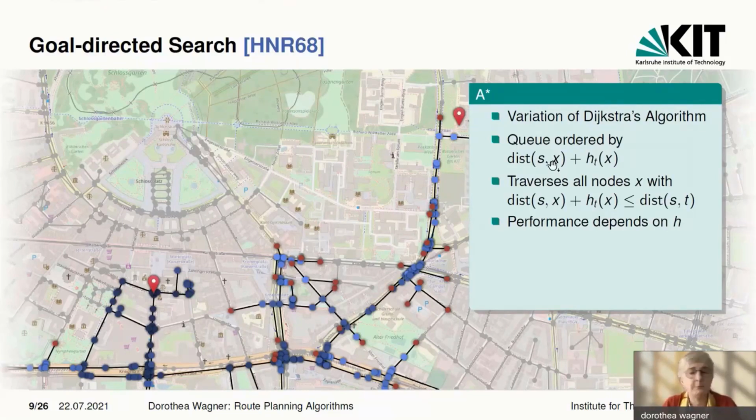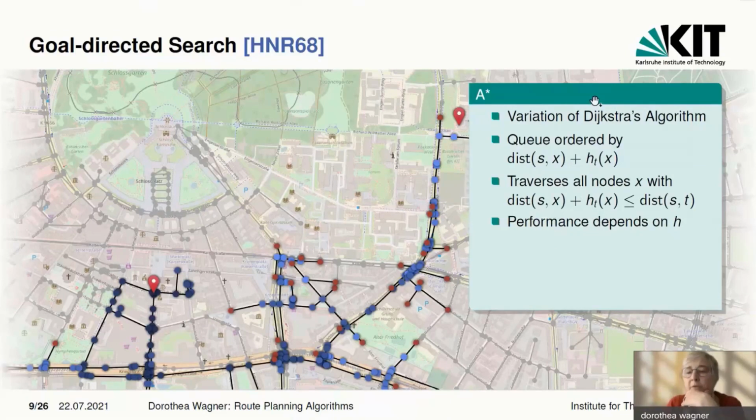So not ordered just by distance to the source node, but by the value of this sum, distance to the source node plus the potential of the vertex. The potential depends on the target node. And then if we have this potential function, wherever it comes from, the vertices or nodes are traversed considering instead of the distance, this value: distance to the source node plus the value of the potential.